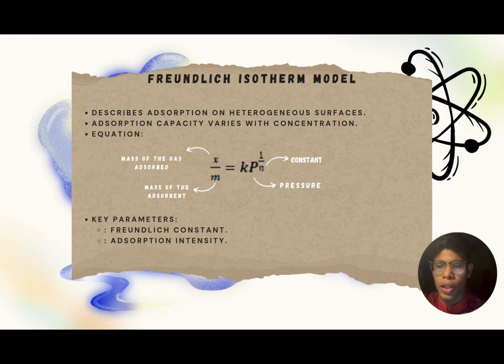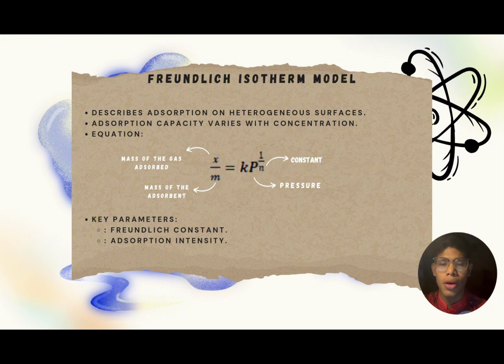Next is the Freundlich isotherm model. It describes adsorption on heterogeneous surfaces, where adsorption capacity varies with concentration. Freundlich adsorption gives the variation in the quantity of gas adsorbed by a unit mass of solid adsorbent with the change in pressure of the system for a given temperature.